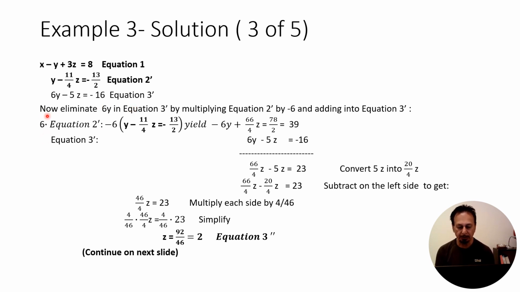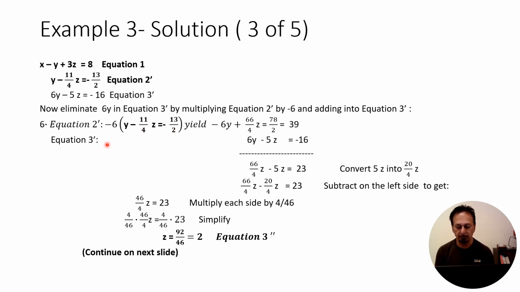Now we're going to eliminate 6y using equation 2 prime. So we can multiply equation 2 prime by the opposite of 6, which is minus 6. So we get this one: minus 6 times y minus 11 over 4z equal to minus 13 over 2.